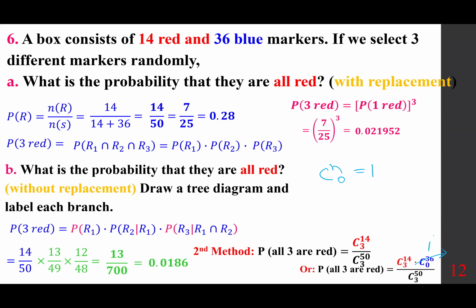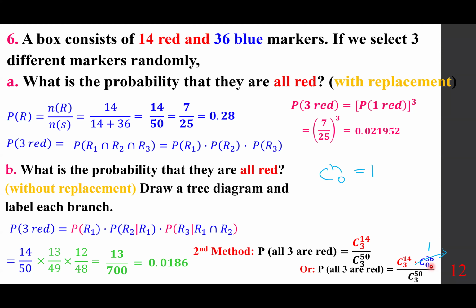So that's why if you don't write it, it's okay. However, what is the importance of writing it? What if instead of saying 3 red, I want 2 red, and let's say 1 blue. So this number 3 changes to 2, number 0 changes to 1. That's why it's really helpful to have that, everybody.